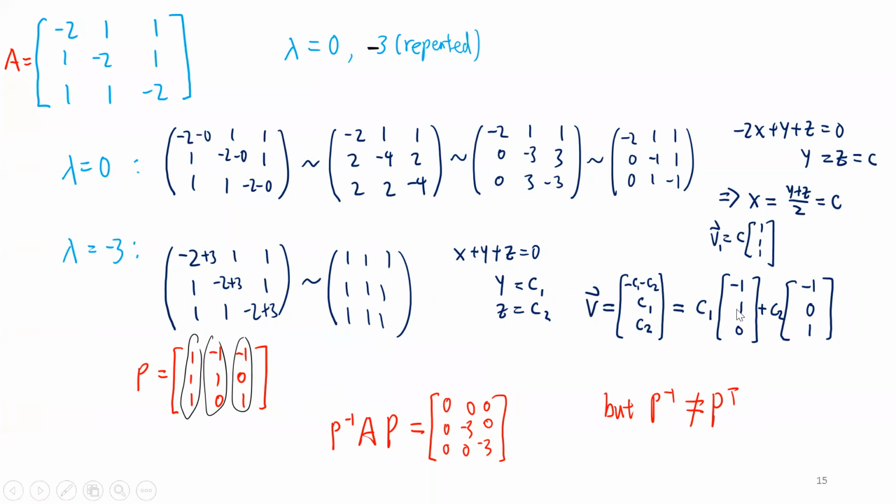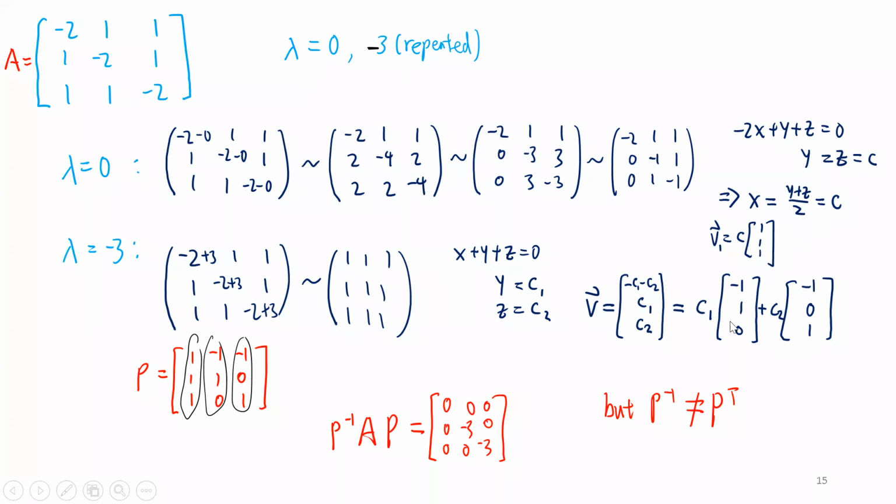If you look at these two, don't care about the first one. Take the dot product between this one and this one, not 0. So they are not yet an orthogonal set. You take the dot product, what do you get? Minus 1 times minus 1, so 1.